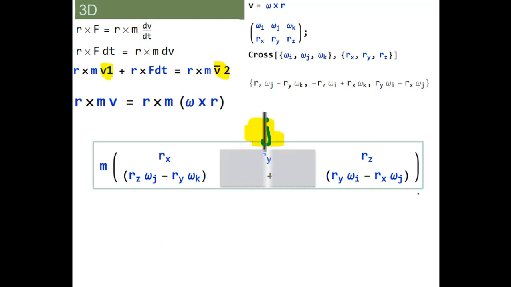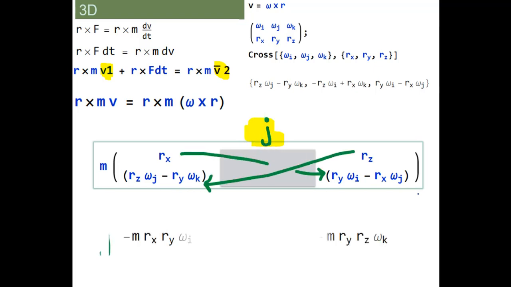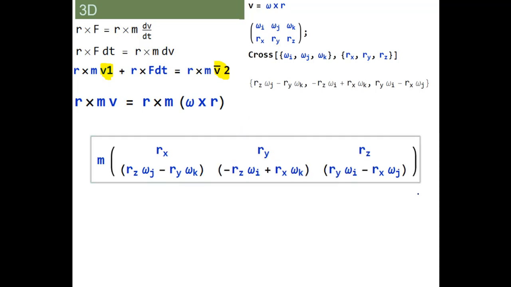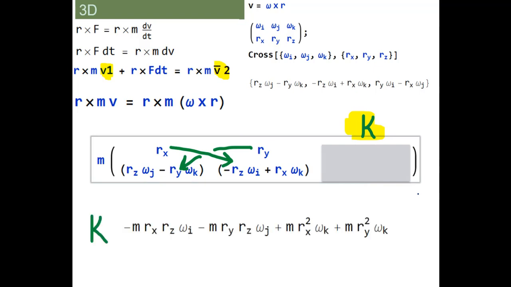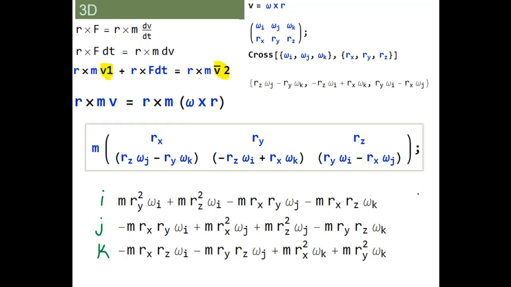Going on to the j direction, this is where you go in the opposite direction first for those cross products. So we'll crank through all of this stuff again. Here's the k direction, again, crisscross. So we have quite a lot more going on when looking at our angular momentum, r cross mv here.